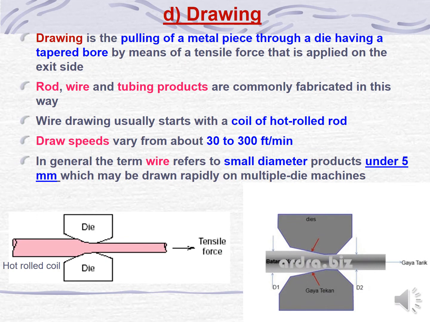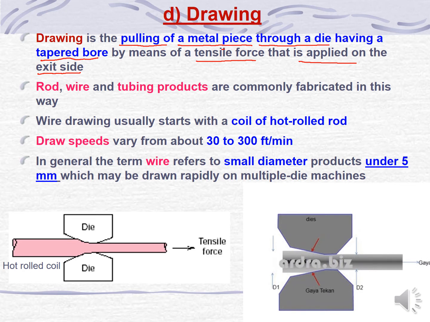Let's move to the last technique under the forming metal process: drawing. Drawing is the pulling of a metal through a die which has a tapered bore by means of a tensile force applied onto the exit side.